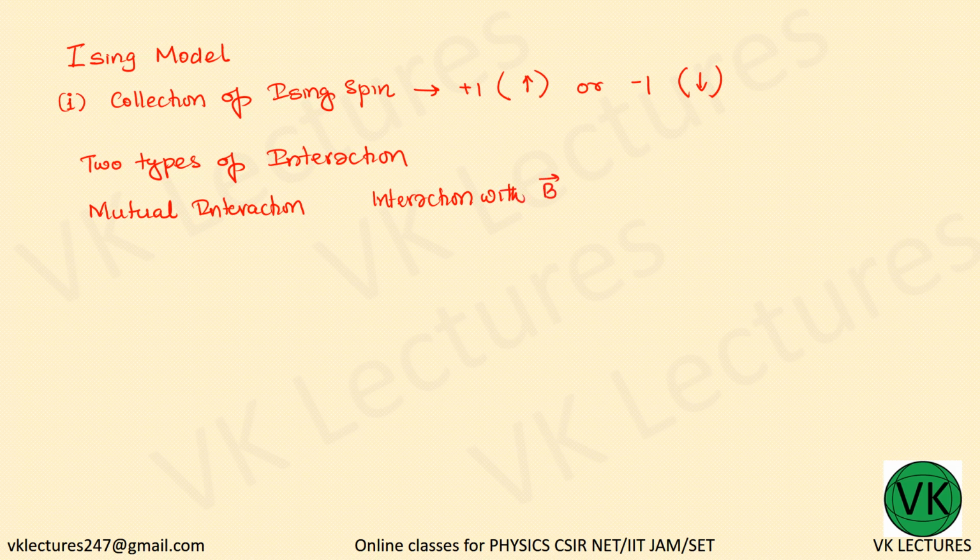So in mutual interaction, the energy E is given by minus J into the sum over i, j of Si Sj. So this i and j are the ith and jth Ising spins, Si and Sj are the spins of the ith and jth particle. And now what is J here? J is the strength of ferromagnetism.